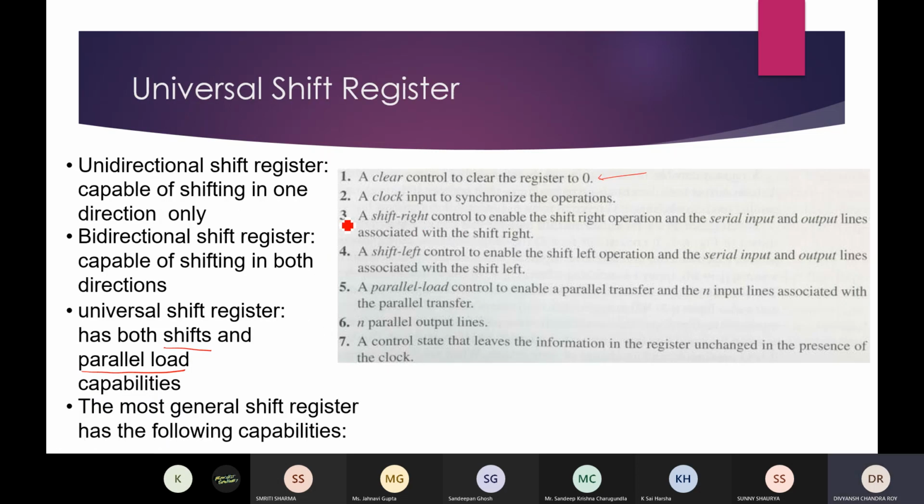So if you consider this third point, shift right control to enable the shift right operation and the serial input and output lines, the same thing will happen with the shift left. Shift left control to enable the shift left operation and the serial input and output lines. Also it will have a parallel load control to enable the parallel transfer of n input lines associated with the parallel transfer. Also it will have n parallel output lines. Also it will have a control state that leaves the information in the register unchanged in the presence of the clock.